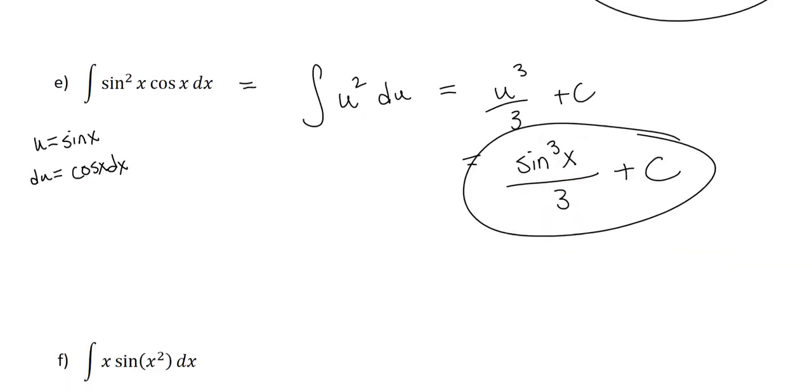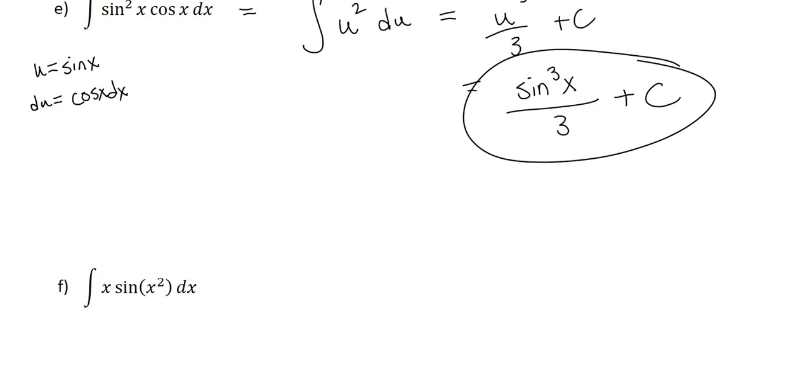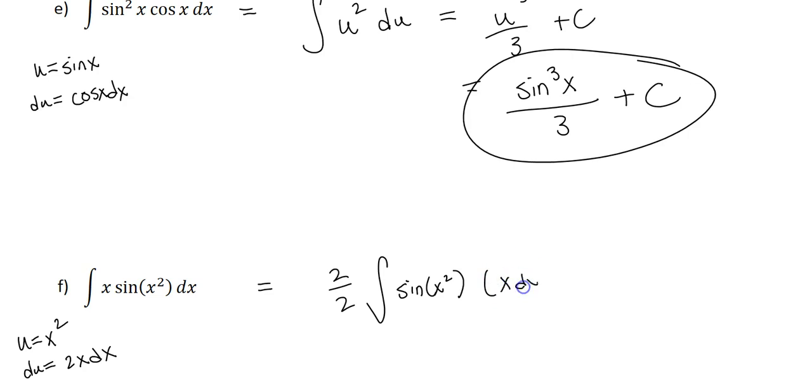Compare that to this one, where the innermost function here is going to be the x squared. So du would be 2x dx. I almost have it, but not quite. I'm going to have to multiply by 2 over 2. And I'm going to go ahead and bring the x over here. And I'll bring this 2 in.